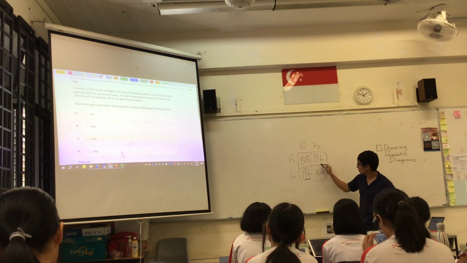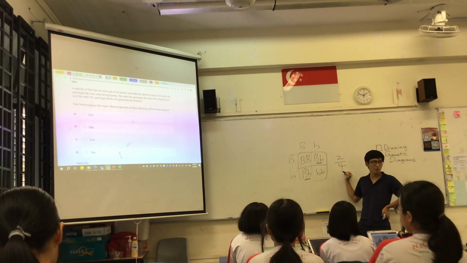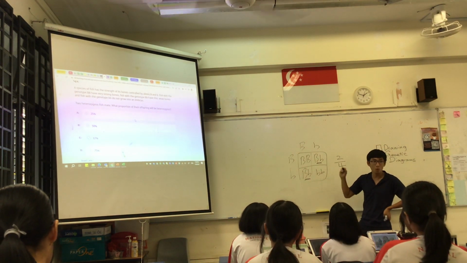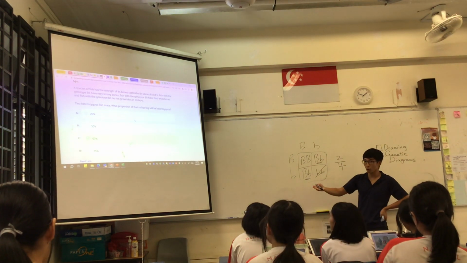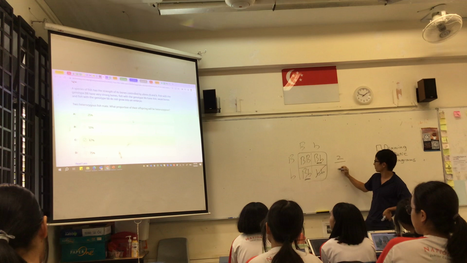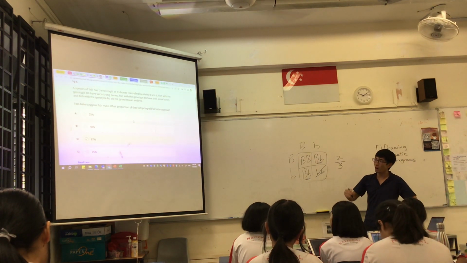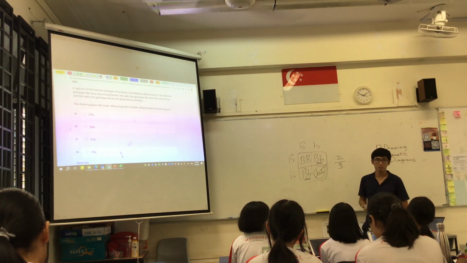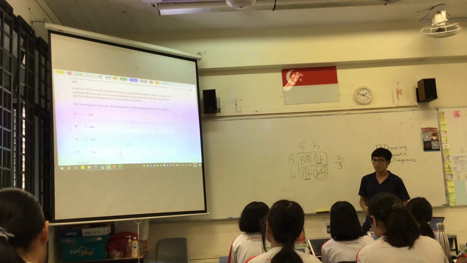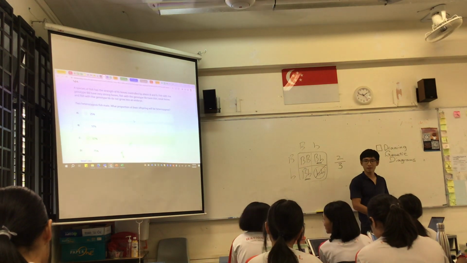You have 2 out of 4, but not really 2 out of 4, because the moment you get small b small b, the baby will die. It won't make it to adulthood. So actually it's 2 out of 3, not 2 out of 4. So 2 out of 3 will be 67%, or 66.6666.